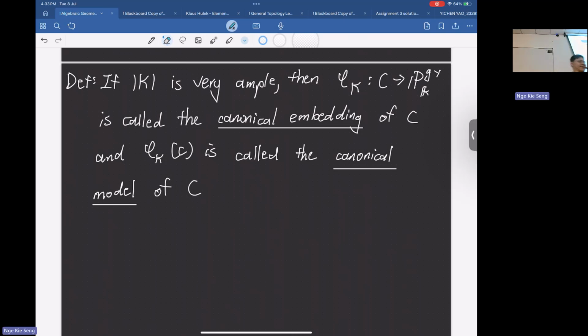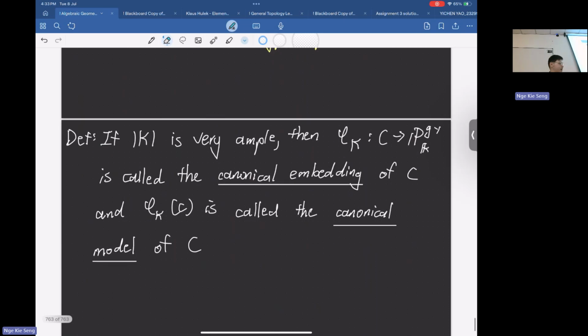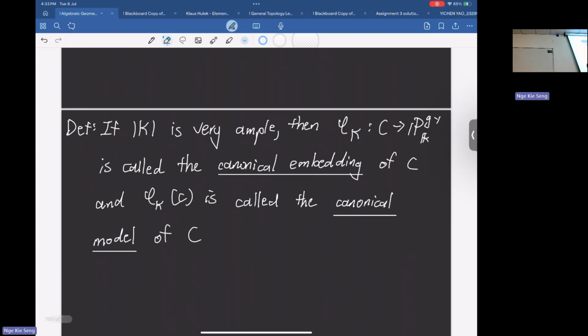Finish already, this one. 763 slides for these 15 weeks.